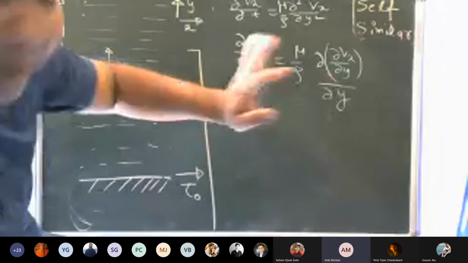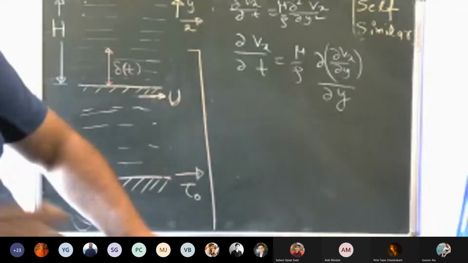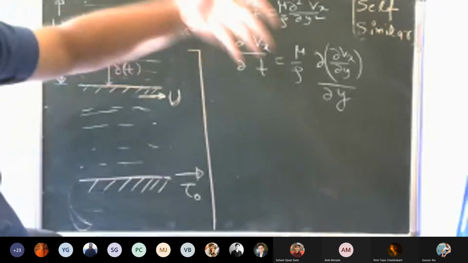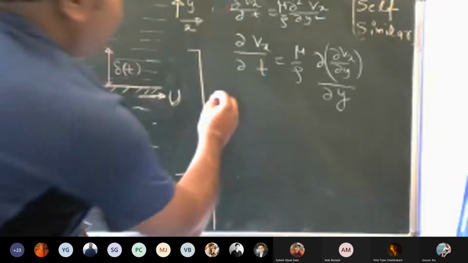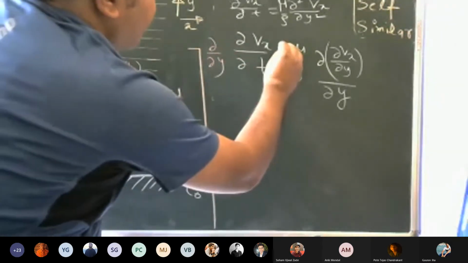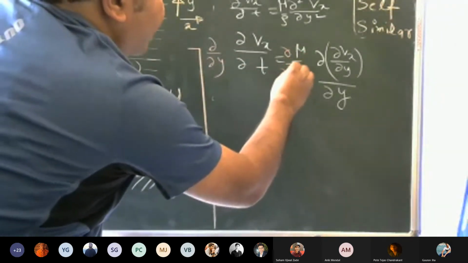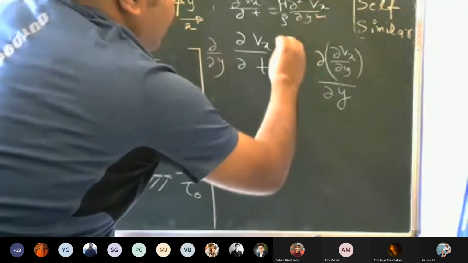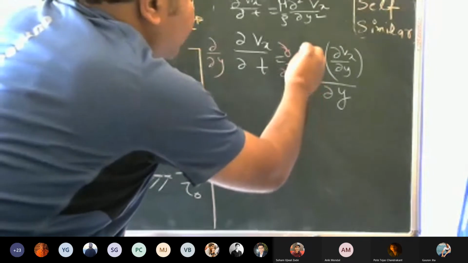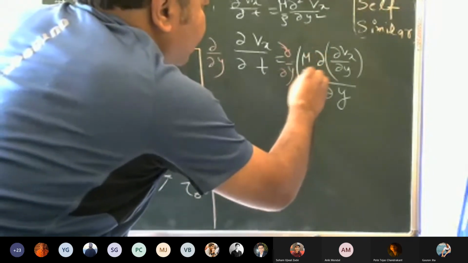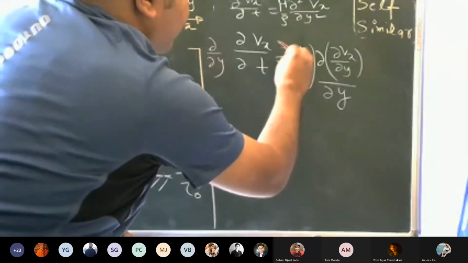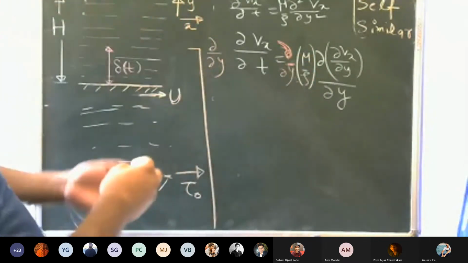Now you differentiate both sides again with respect to y. So again we are differentiating with respect to y, dou by dou y, and there is a mu by rho here. Now I'm going to use exchange of variables.